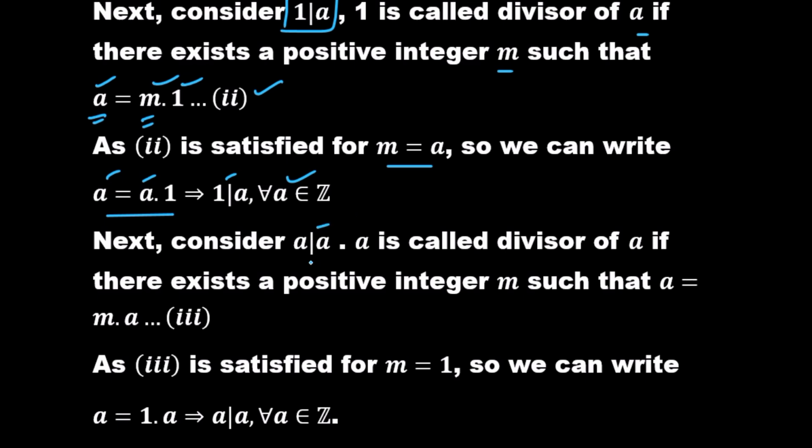A is called a divisor of a if there exists an integer m such that a is equal to m into a. Now we have to find the m for which this equation is satisfied. As 3 is satisfied for m equal to 1, we can write a is equal to 1 into a. And if you write this equation in the form of divisibility, you can write it as a divides a.